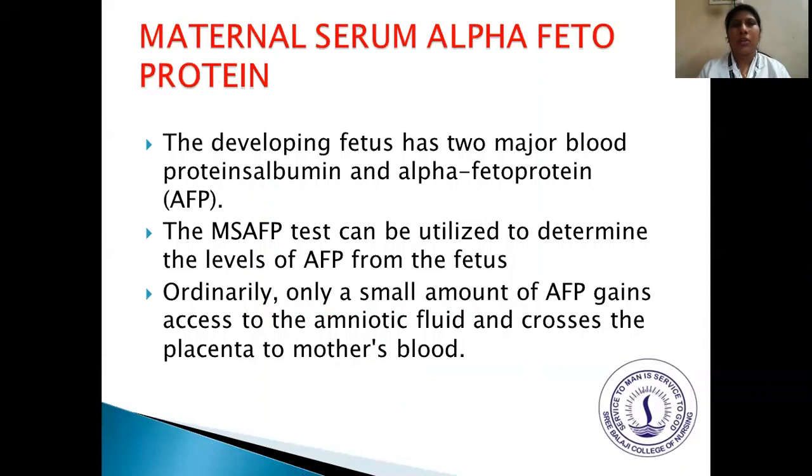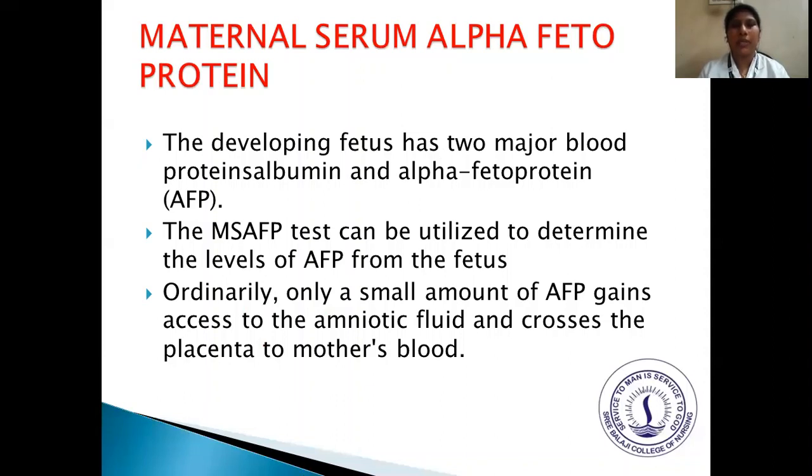Okay. So, the next one is maternal serum alpha-fetoprotein. The developing fetus has two major blood proteins, albumin and alpha-fetoprotein. The MSAFP test can be utilized to determine the level of AFP from the fetus. AFP is nothing but alpha-fetoprotein. Ordinarily, only a small amount of alpha-fetoprotein gains access to the amniotic fluid and crosses the placenta to the mother's blood.